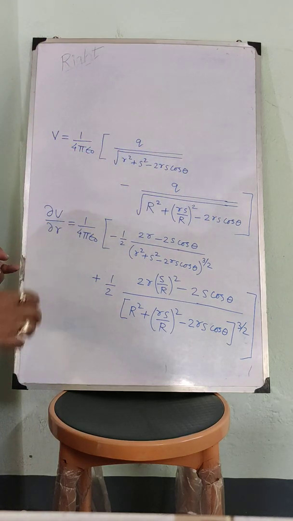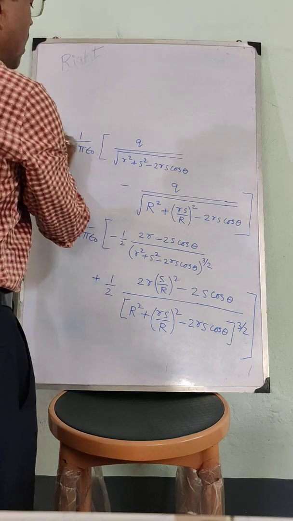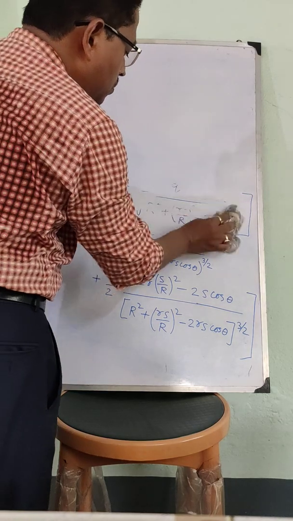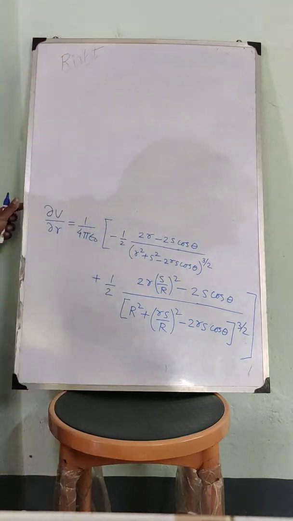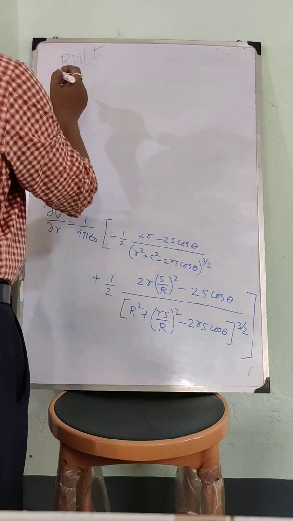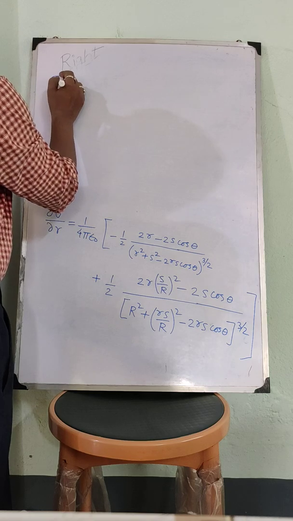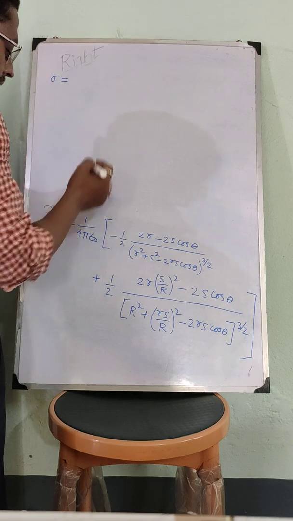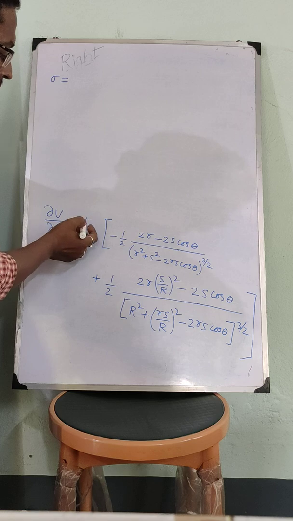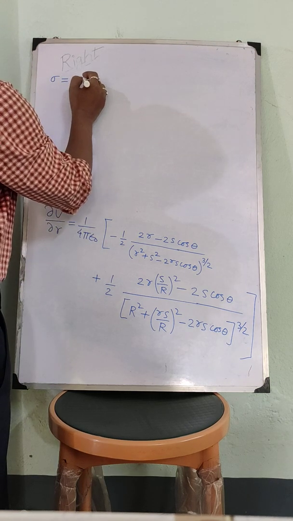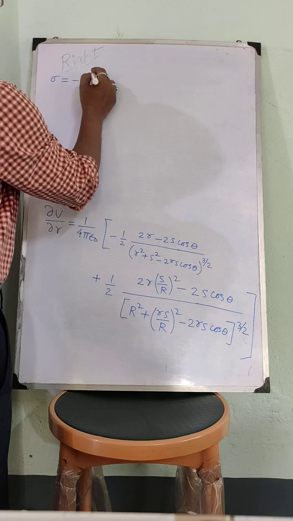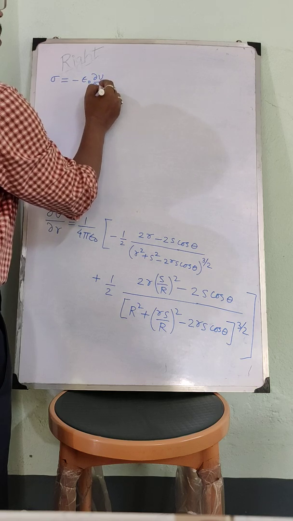So let me rub it also. So sigma is equal to minus epsilon 0 del v del r.